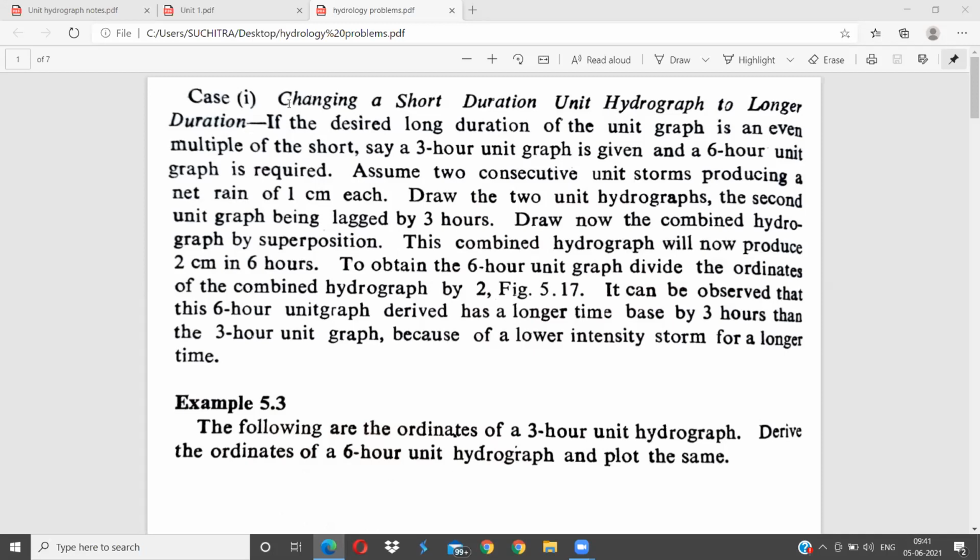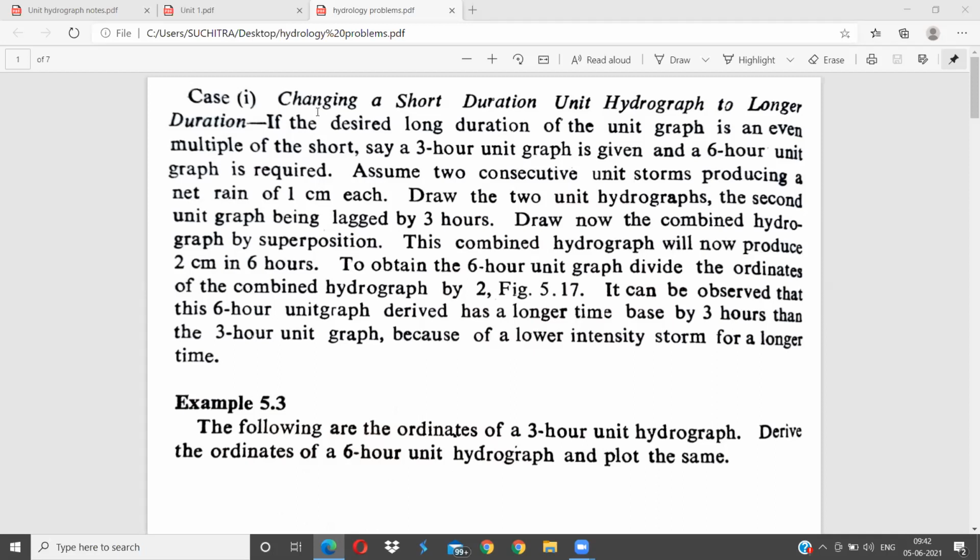That means you can change a short duration unit hydrograph to a longer duration hydrograph, or vice versa, converting a longer duration unit hydrograph to a shorter duration. So there are two cases. Let us discuss each one.